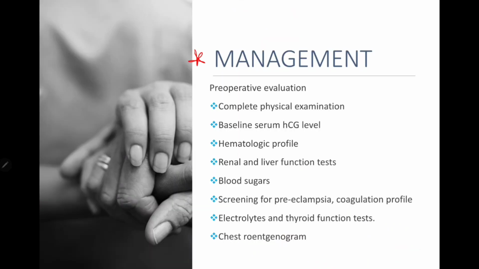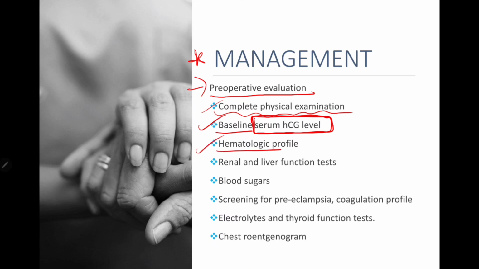Now moving on to management. Management starts with the pre-operative evaluation. So what will be the pre-operative evaluation? First is a complete physical examination. Then a baseline serum HCG level, very important, to diagnose pregnancy itself. A hematologic profile is taken to rule out anemia. Renal and liver function tests are done. Blood sugar, screening for preeclampsia and coagulation profile are done.